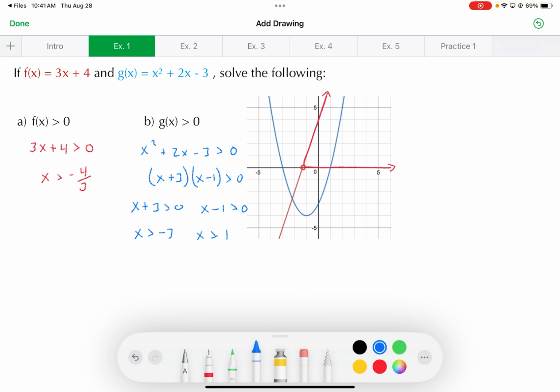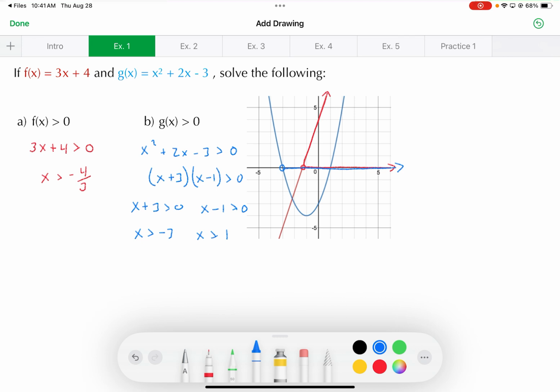Well, does that match the parabola that's graphed there in blue and when the graph is above the x-axis? Well, x greater than negative 3 looks like this. Okay, seems to me like all of these points right here that are between negative 3 and 1, their y values are negative, right?